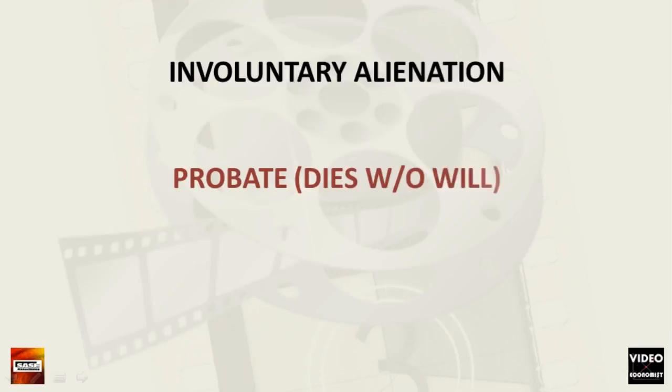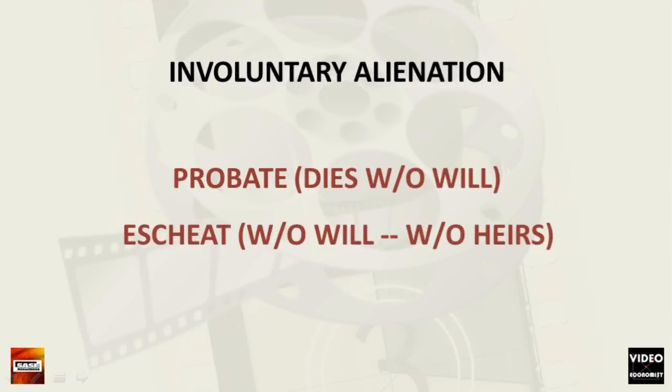Involuntary alienation occurs when a person dies without a will, and in that case the property goes to the probate court and the court decides. Also, if they die without a will and without heirs, this is called escheat, and in this case the property is deeded over to the state government.